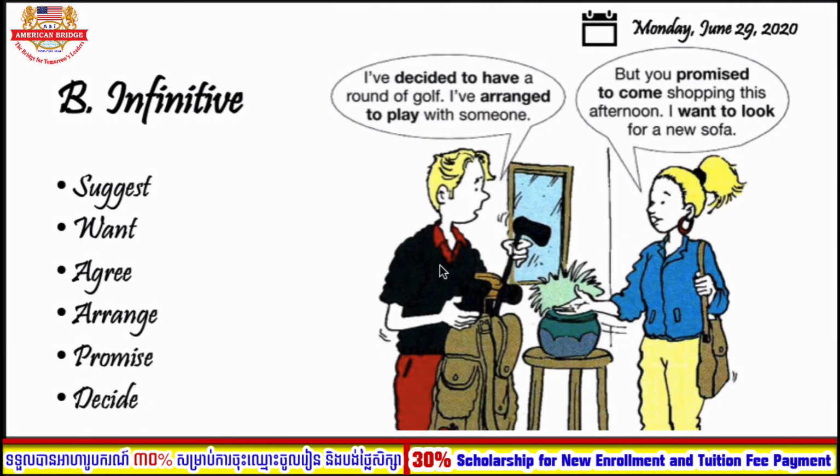The last point is the infinitive. I hope you remember this picture. We have learned this already. So this picture suggests the use of infinitive. If you see the words in bold, they use to-infinitive, which is to plus verb. But remember, some of these words take to-infinitive.